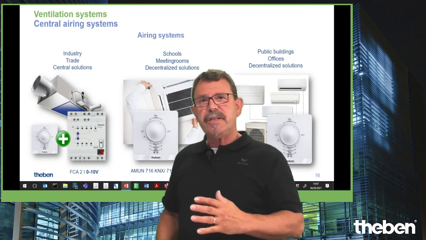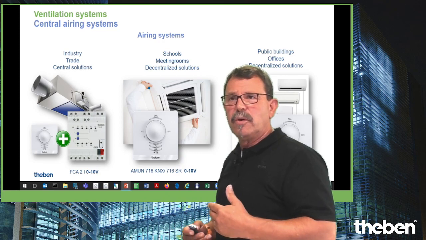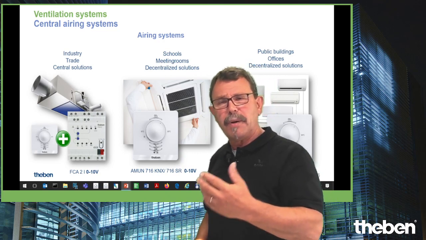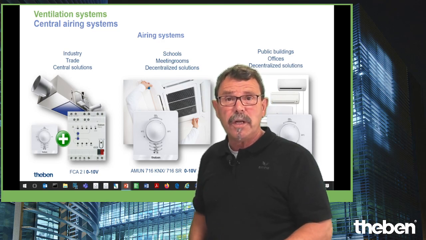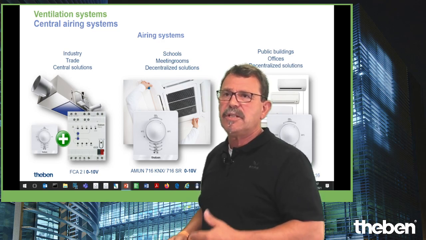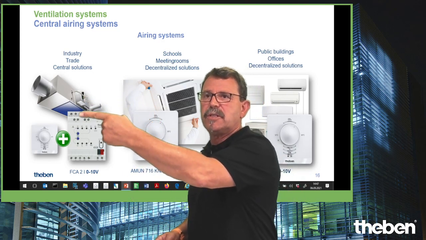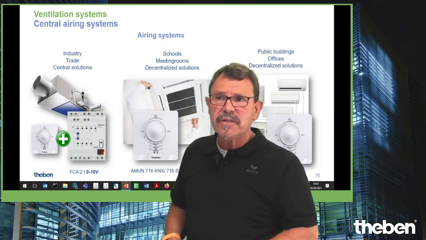So we have to give a solution for industry or for public buildings, however, which are rather well equipped with technique, centralized technique and so on. This could be, for instance, a system like that, a centralized ventilation system.